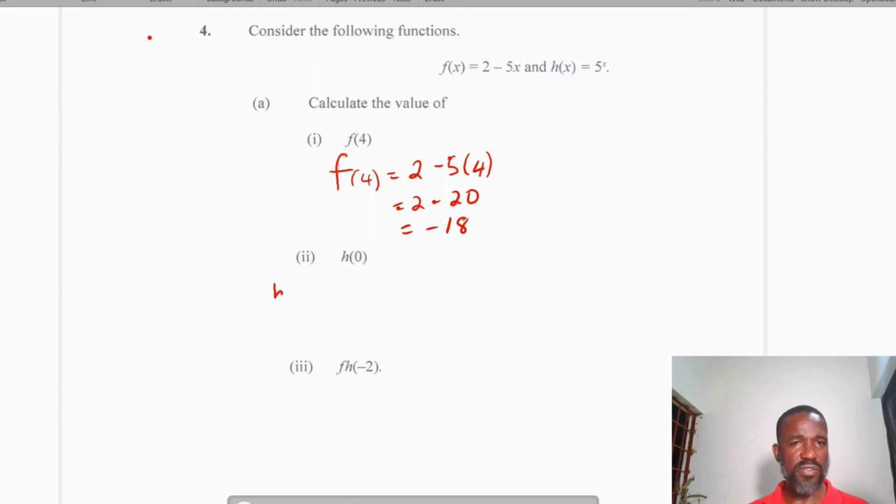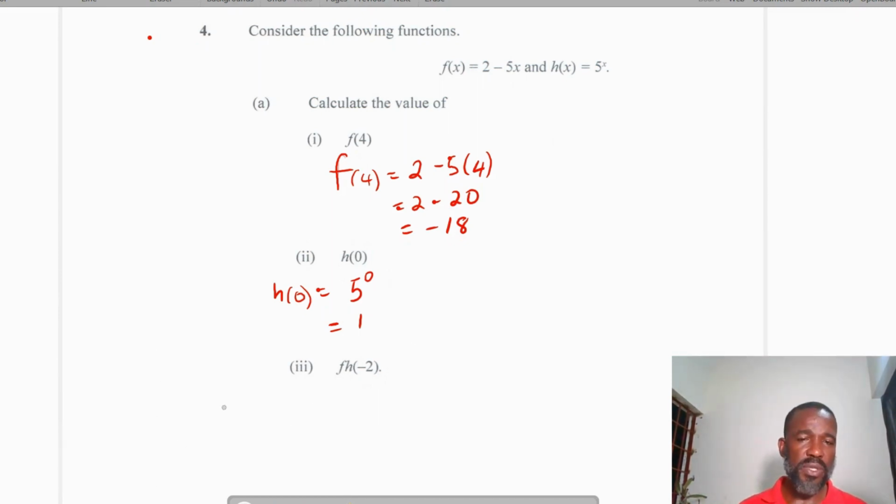So therefore, h of 0 is equal to 5 raised to the power of 0. 5 raised to the power of 0 is equal to 1, because from the laws of indices, any number that is raised to the power of 0 is equal to 1. Okay?